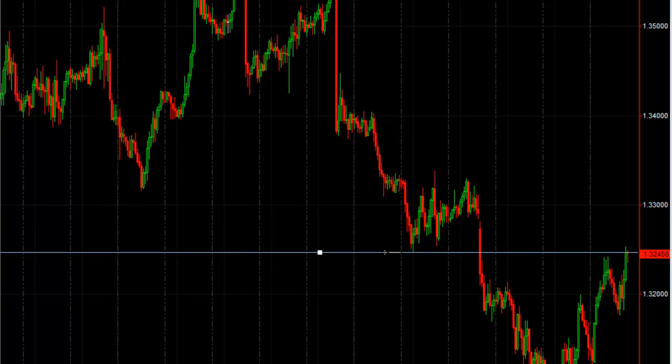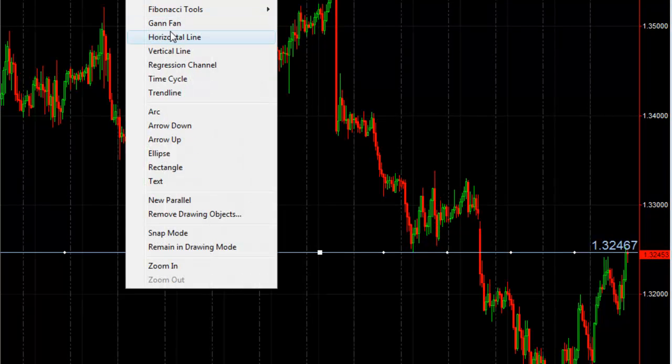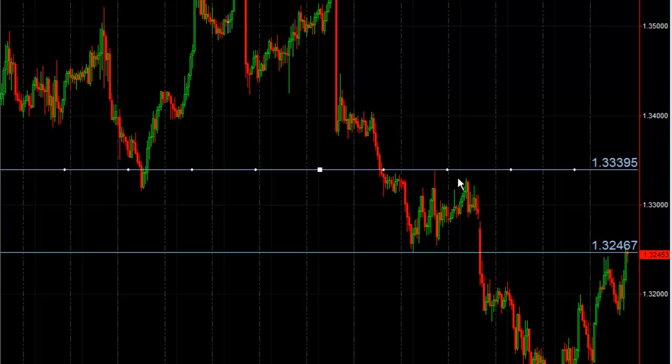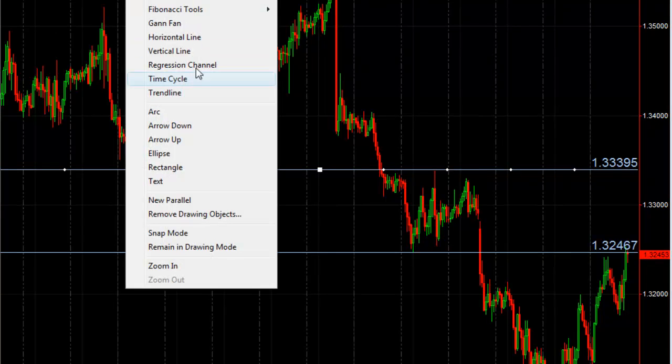We saw the low of this consolidation being 1.3246 area, while the high of this consolidation being 1.3339 area, with added potential support turned resistance levels out here.